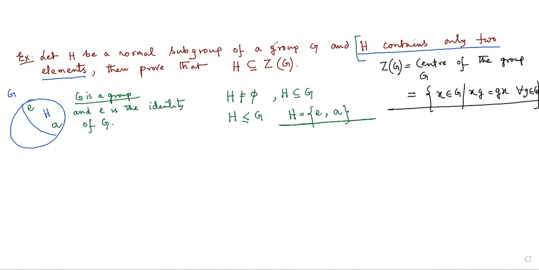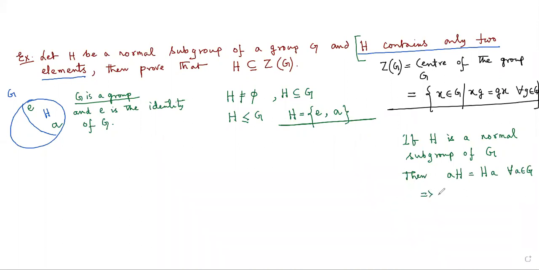We know that if H is a normal subgroup of G, then aH = Ha for all a belonging to G. The element is actually being generalized by a.